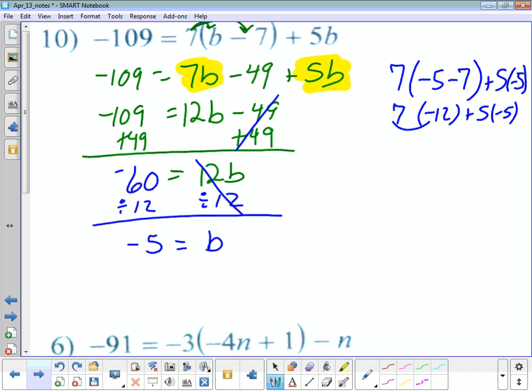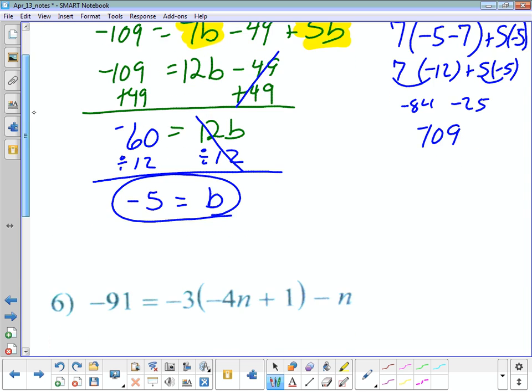So 7 times negative 12 is a negative 84, and 5 and negative 5 is a negative 25. Since these are both negative numbers, I'm just going to go ahead and add them. 5 and 4 is a 9, and 2 and 8 is the 10. So I get a negative 109, which is what it was supposed to equal. So b does equal a negative 5. You can always check them to make sure they work.